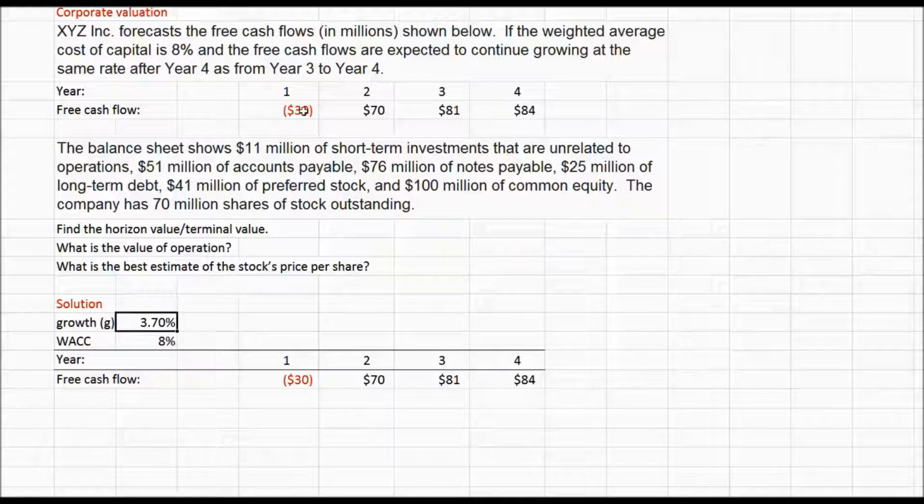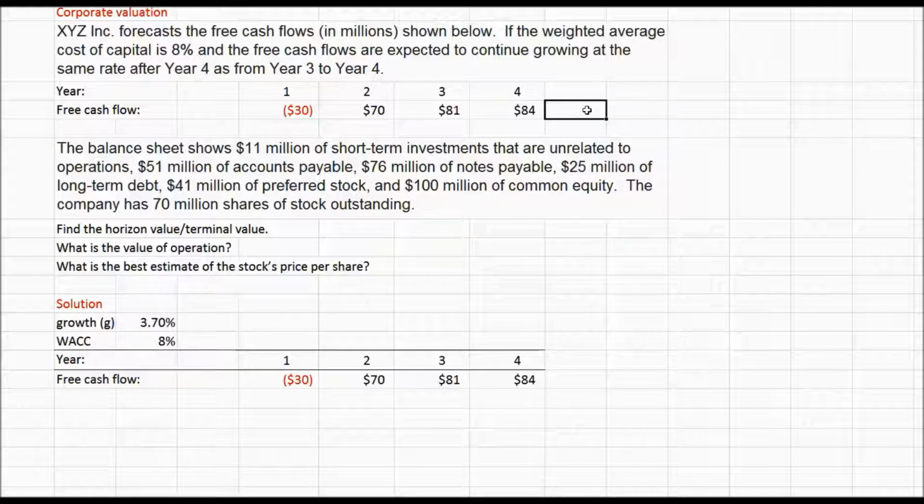So basically, this problem is saying that in year 1 we have a negative 30 cash flow, in year 2 we have 70, in year 3 we have 81, and then after year 3 the cash flow is going to grow by 3.7% forever.